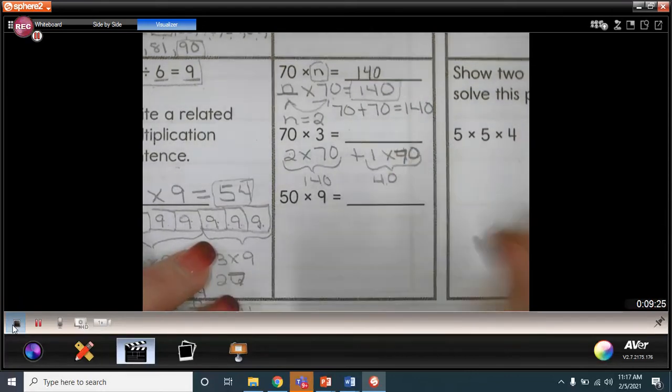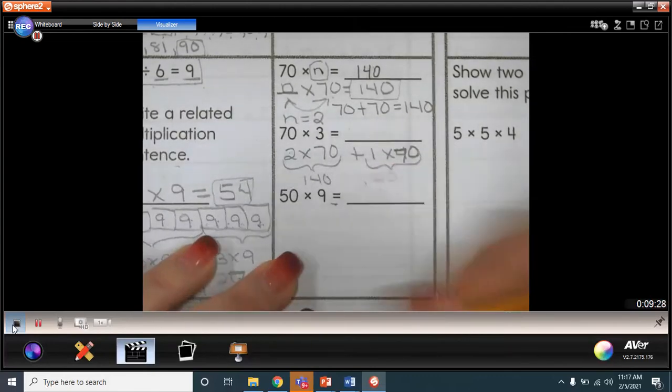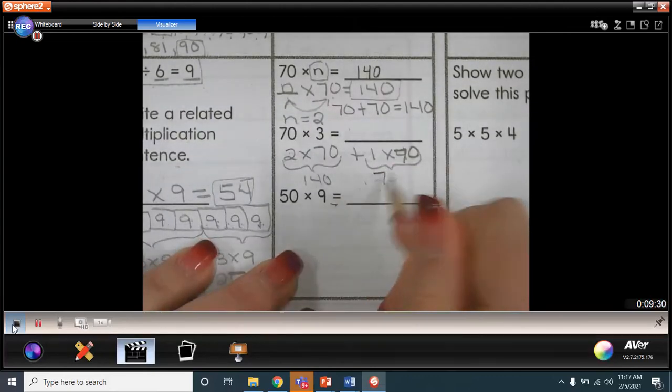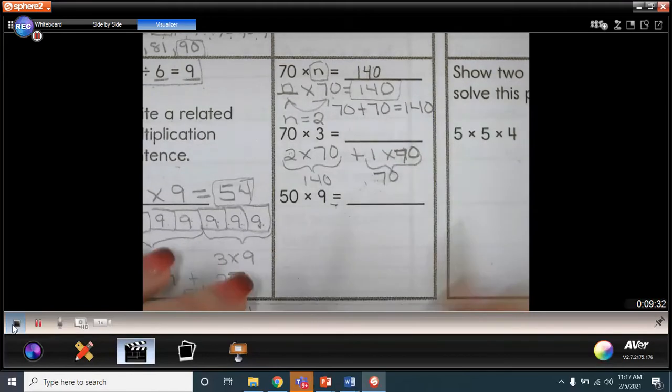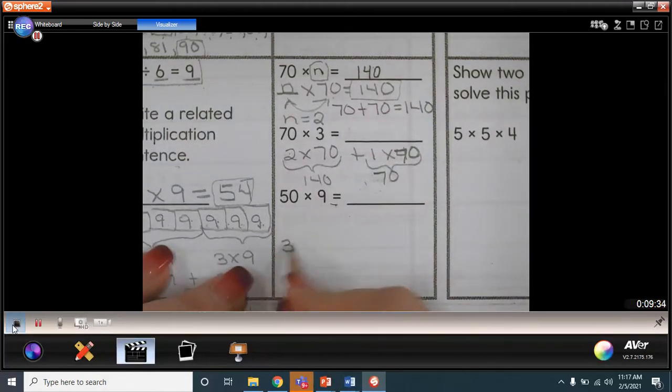I confused myself. I was looking at this 40 over here. I need another group of 70. Well, remember what 3 times 7 is. If I remember what 3 times 7 is, it's 21. So 3 times 70 is going to be 210 because my place values are going to shift one more to the left.